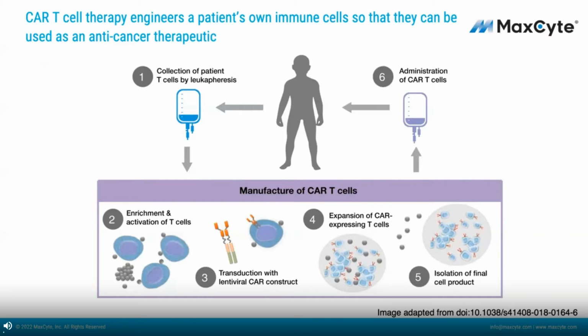And again, these T cells have now a receptor, which is specific to something on the tumor. So something like CD19 or BCMA, which is typically targeted for hematopoietic tumors. And now these T cells can be highly effective in treating and even curing the cancer that the patient has.